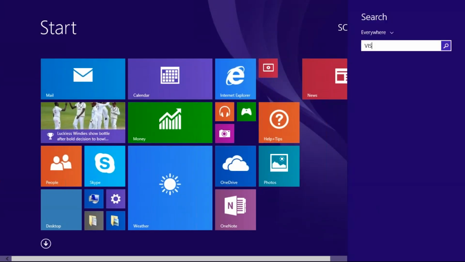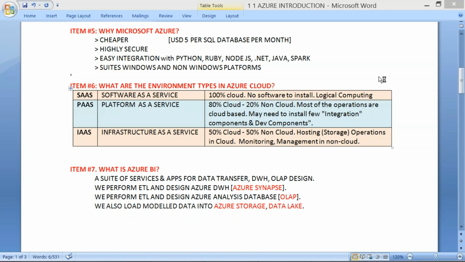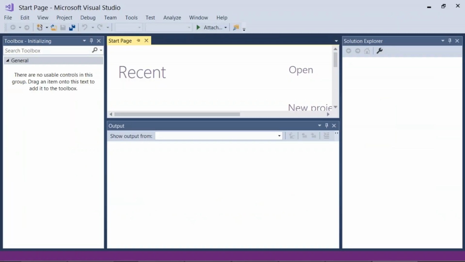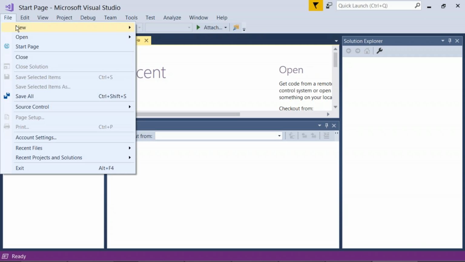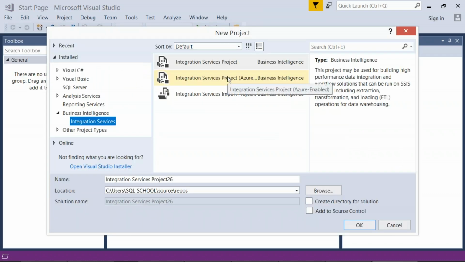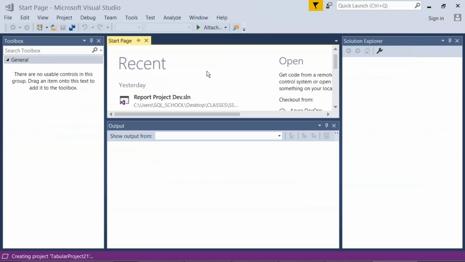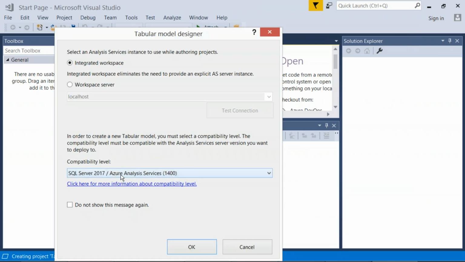Best example, here we have one tool called Visual Studio. Using Visual Studio, the SSDT, we design Azure Analysis Services, Azure AS components or the data models we call in on-premise. Okay, locally we need to design. There is no option in Azure as of now to design the analysis components.